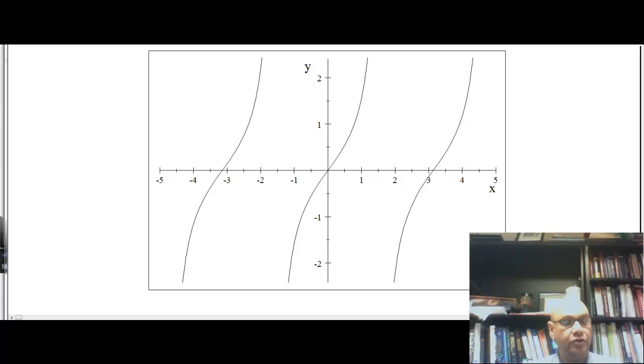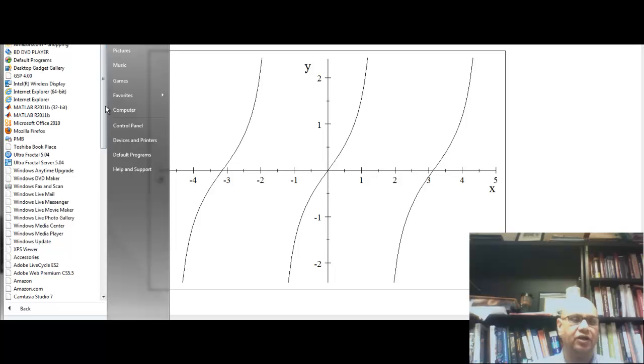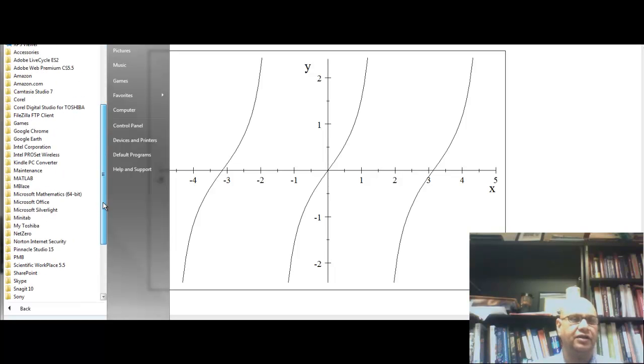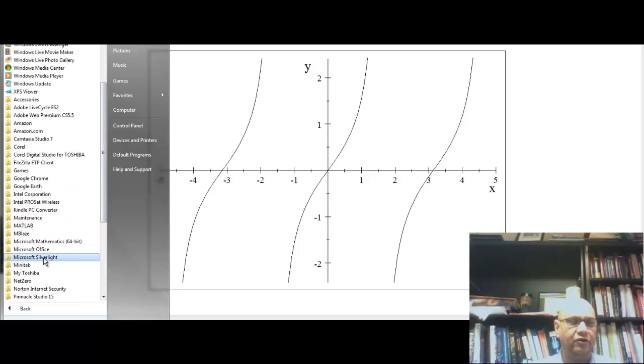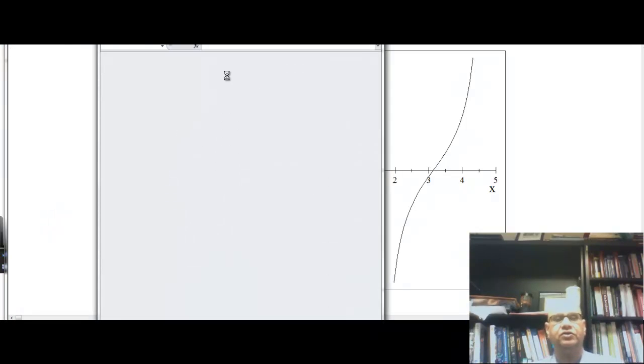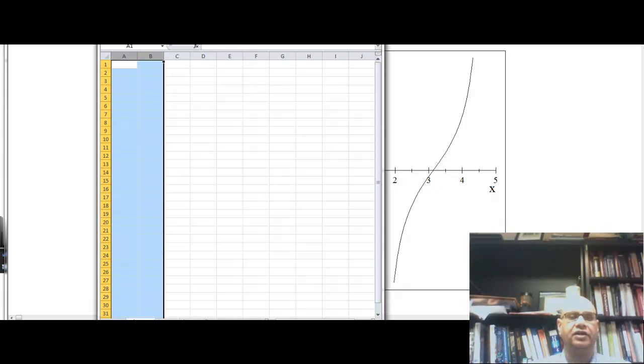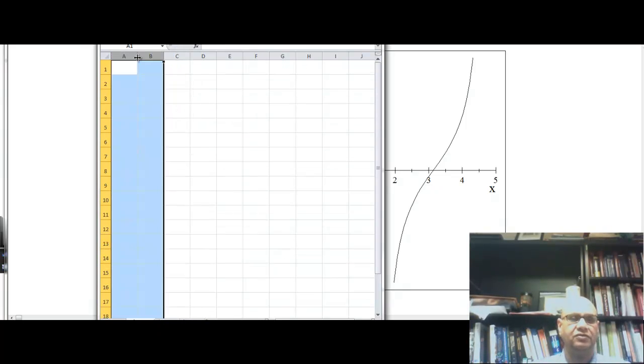Or you could do this: if we forget these general results, we can always look at a table of values. You could just go to your calculator and look at a table of values.